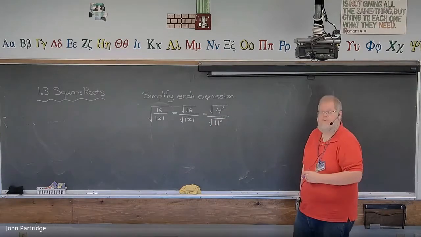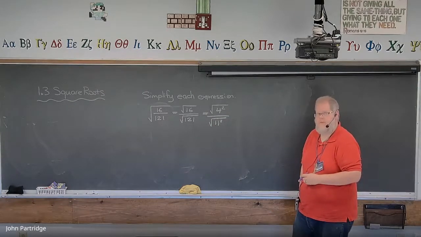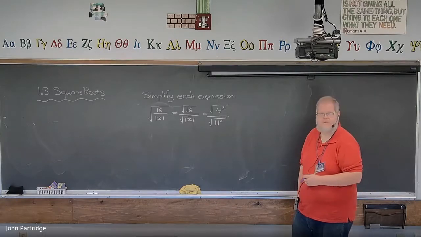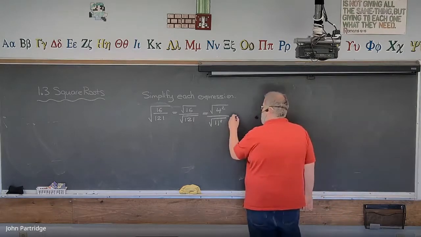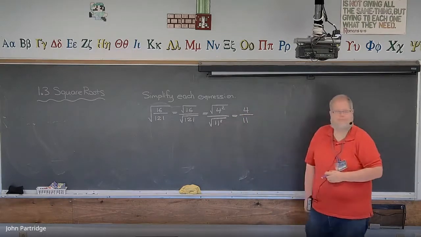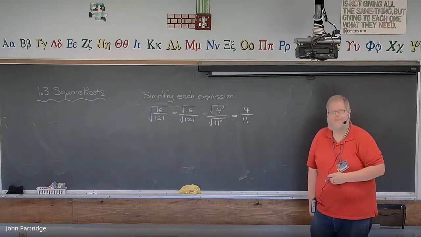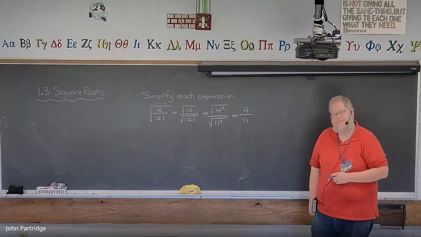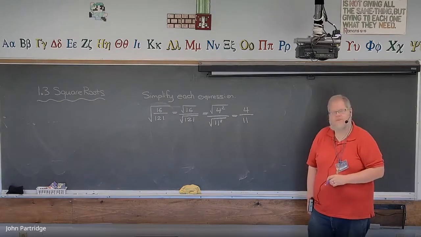The square root of 4 squared divided by the square root of 11 squared. Final answer, 4 divided by 11. Go ahead and pause the video.